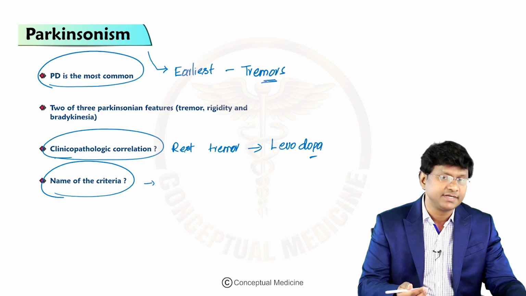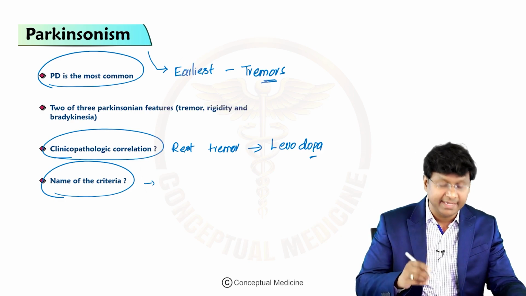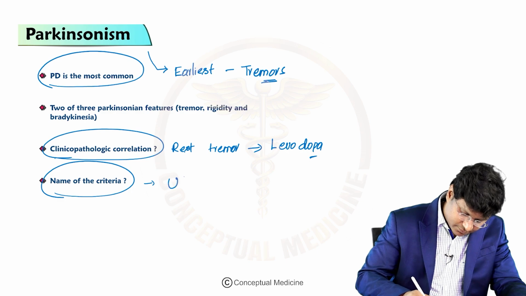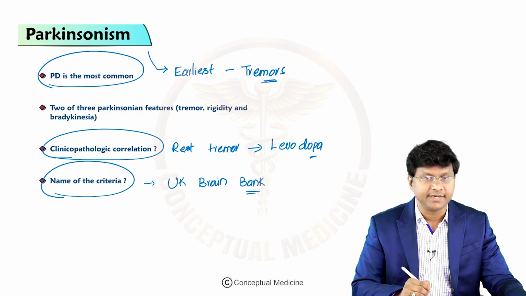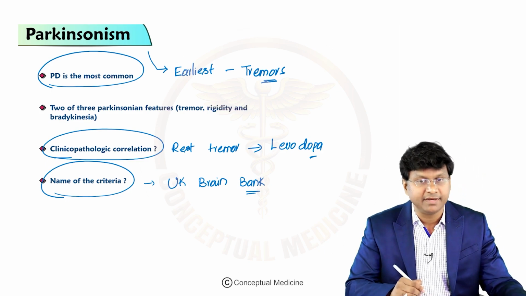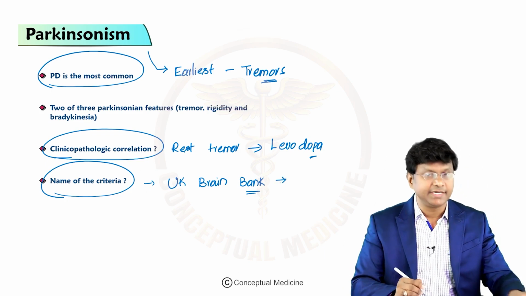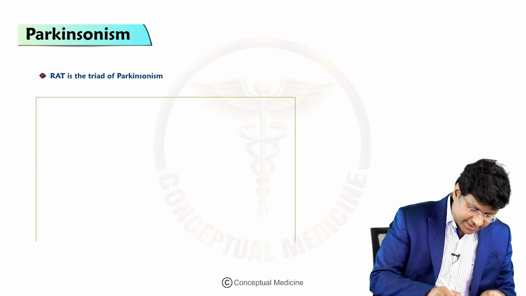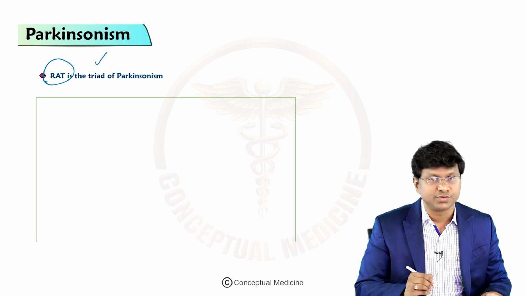The name of this revised criteria is the UK Brain Bank criteria. According to this criteria, you require three important manifestations, which is the RAT, the triad of Parkinsonism.